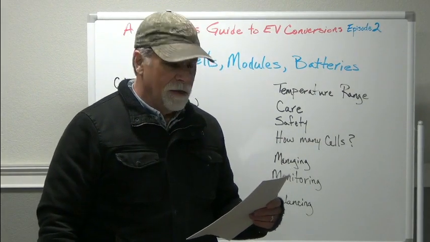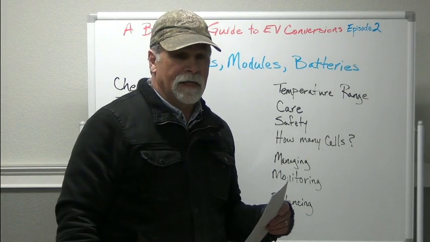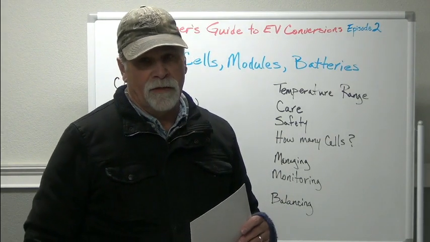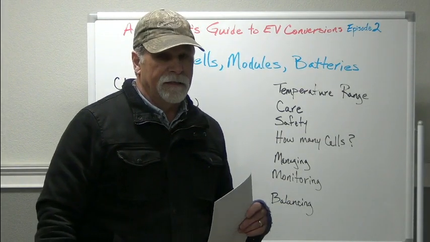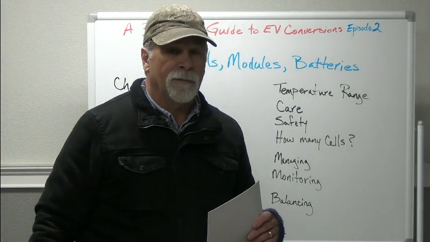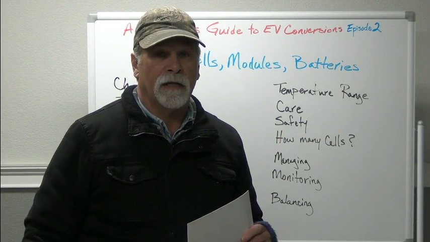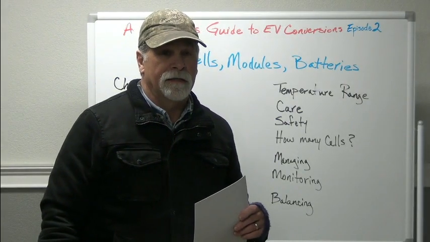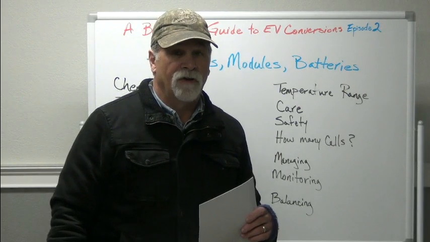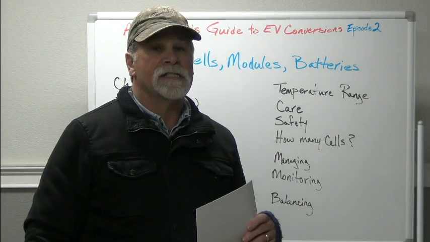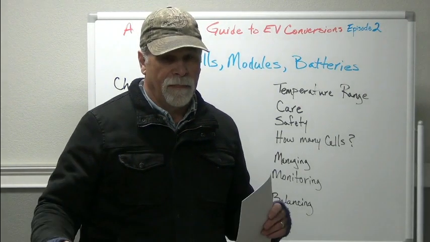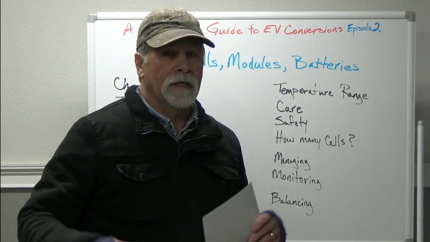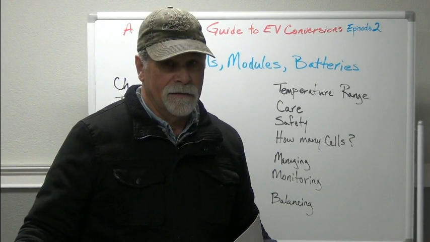And then an example of a module, and it's used in the EV world and in conversions. An example would be a Tesla Model S module, and those typically have 444 cells in a module, and there are multiple modules in the battery pack.